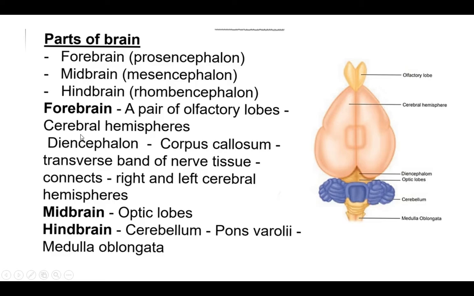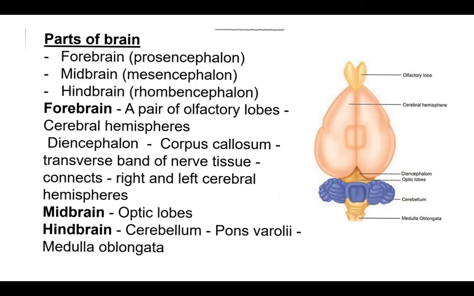And then cerebral hemisphere, then diencephalon. Diencephalon is what? Corpus callosum. See this part. So already I told you, forebrain is made up of what? Olfactory lobe and then cerebral hemisphere. Okay, then coming to diencephalon, corpus callosum.